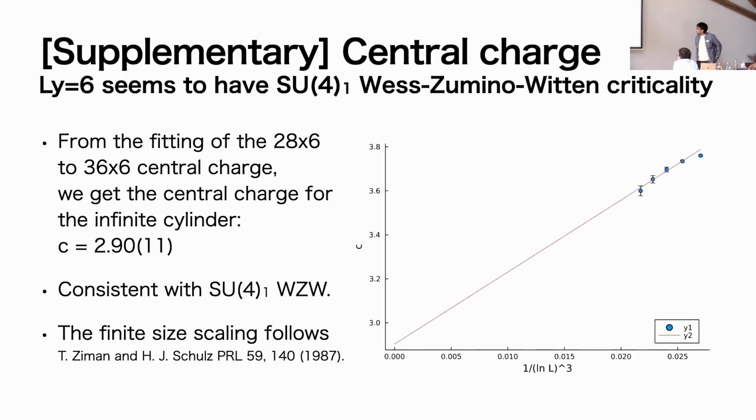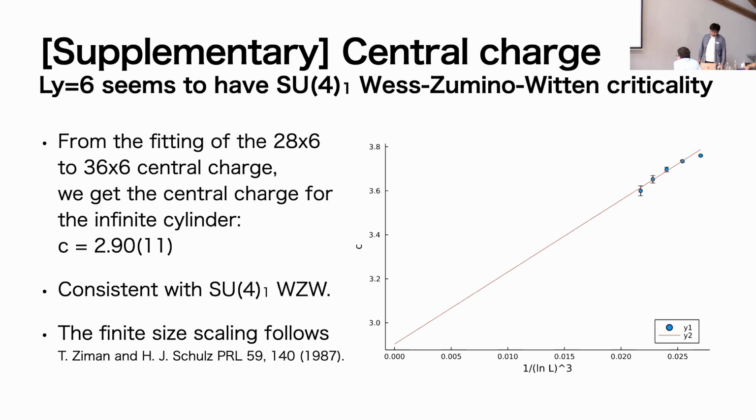And as a supplement, I will quickly show the results for Ly equals 6, which is not gapped but gapless. In that case, we see the signature of SU(4) level 1 Wess-Zumino-Witten criticality. I did up to a 36 times 6 cylinder and a direct extrapolation of the central charge, and the extrapolated value is 2.9 plus minus 0.1 or so.